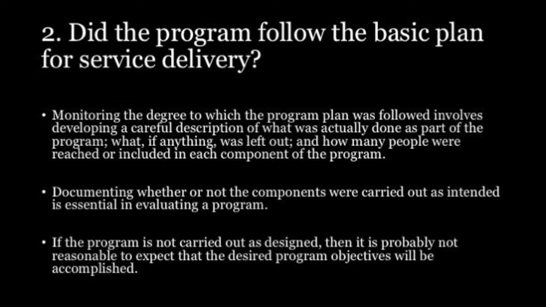Now, if the program is not carried out as designed, then probably the objectives will not be accomplished, right? So it is important to know not only question one, which is what were the program characteristics intended, but also what was the delivery like? What did participants actually get, right?